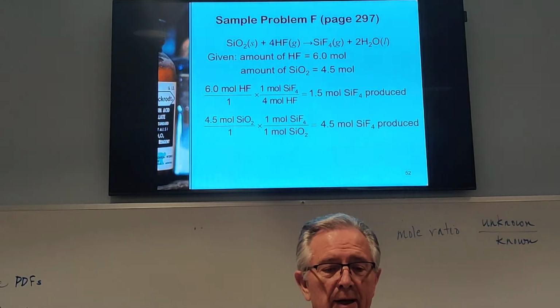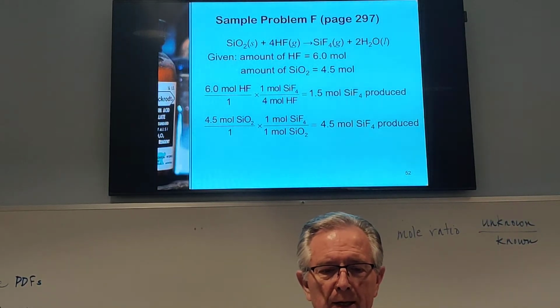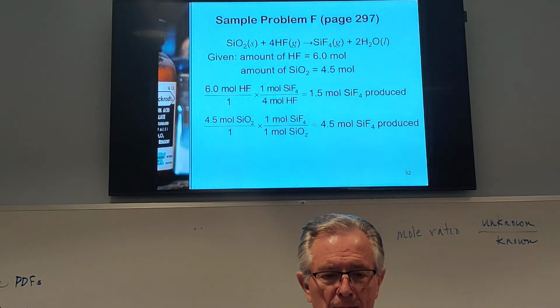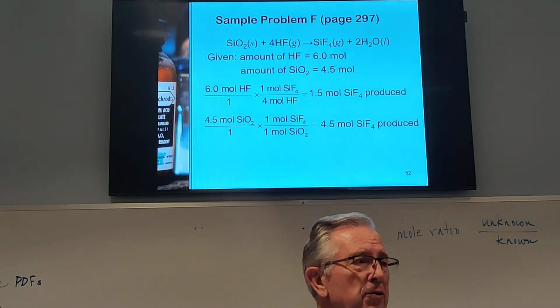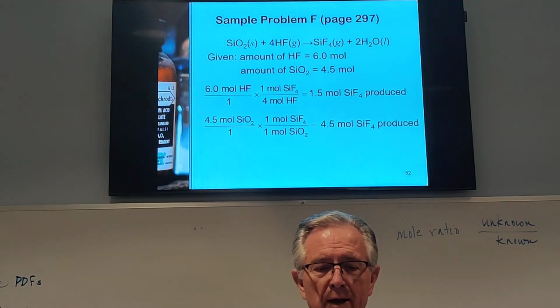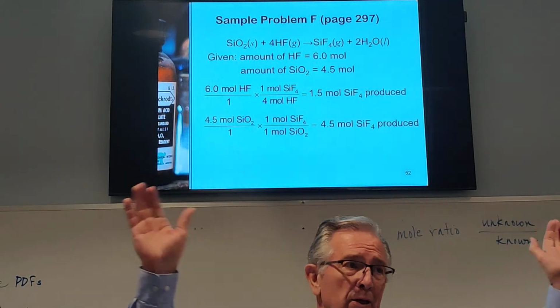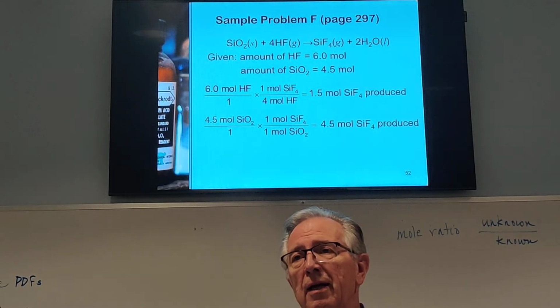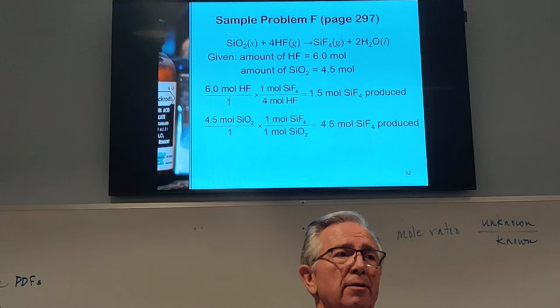So just to iterate here what we're doing, or review. If I started out with 6 moles of HF, and I used it all up, I would only get 1.5 moles of SiF4. If I started out with 4.5 moles of SiO2 and I was able to use it all up, I would get 4.5. So which one is going to give me less?